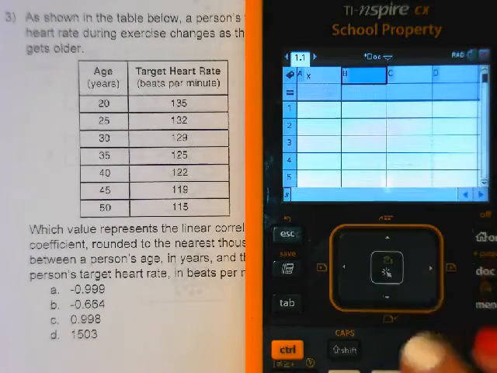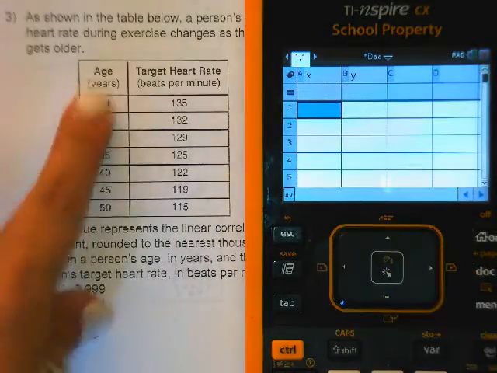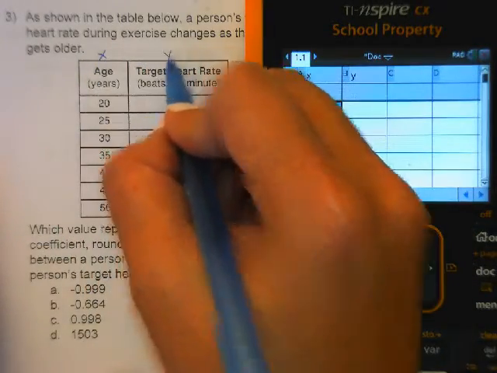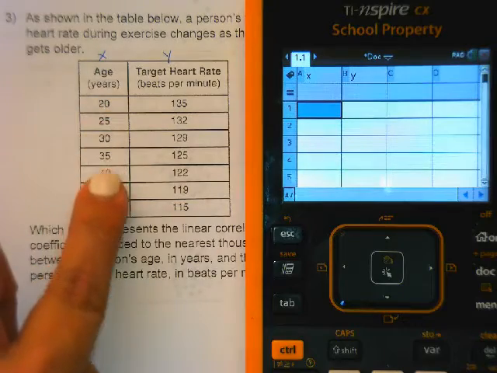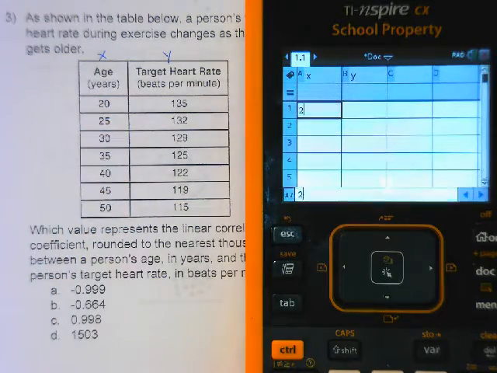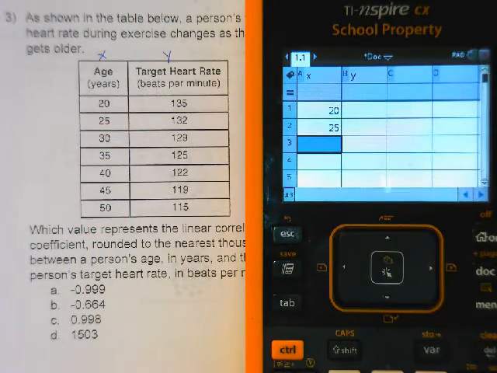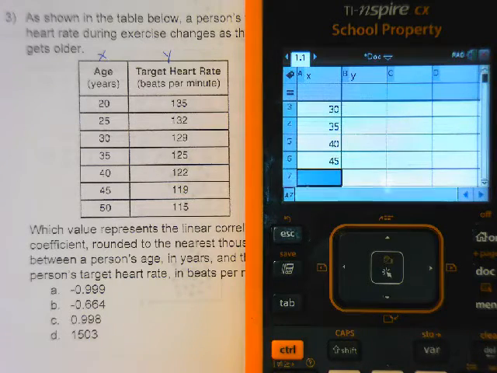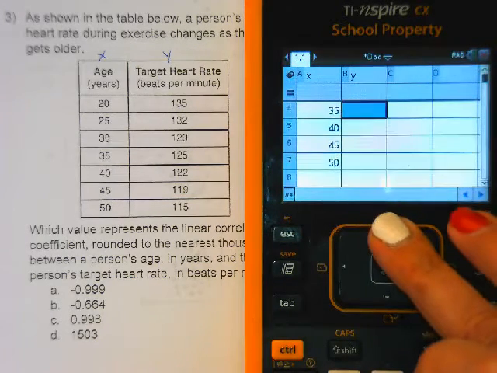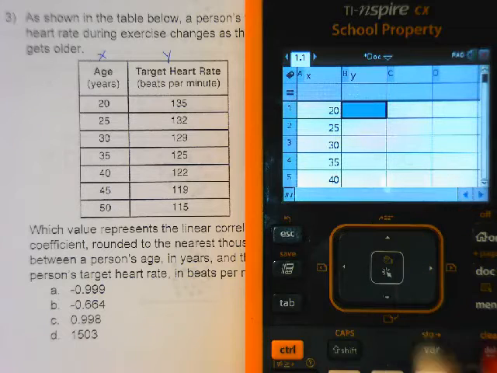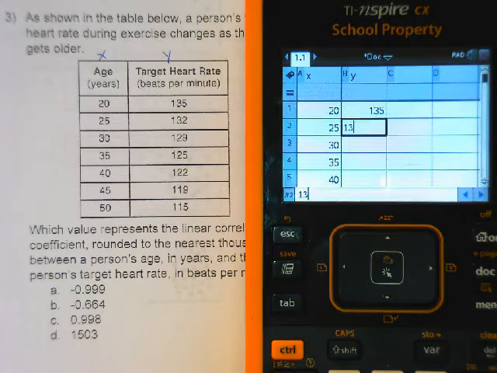So we're going to do X and Y. And then remember, this is our X column and this is our Y column. So you need to type in all of these numbers, right? So 20, 25, 30. I'm probably going to go a little faster than you, and that's okay. Make sure your Y values match your X values.